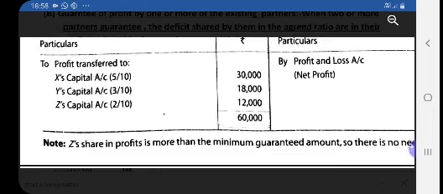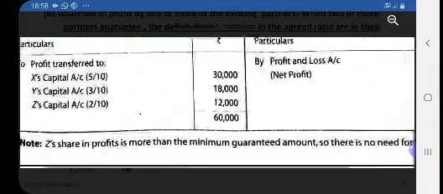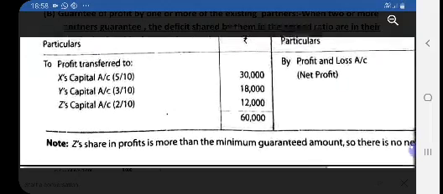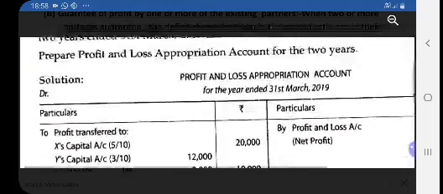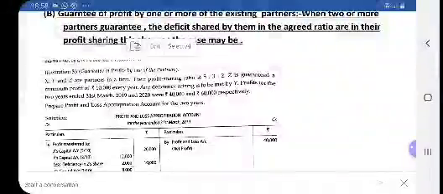Note, Z's share in profit is more than the minimum guaranteed amount, so there is no need for any adjustment. So whatever the case may be, you have to work out whether the guaranteed amount is more, and if it is less, you have to find out the deficit amount, and accordingly the partner will bear it. So this is all about if a deficit is borne by one partner.